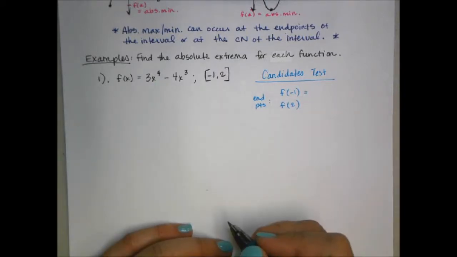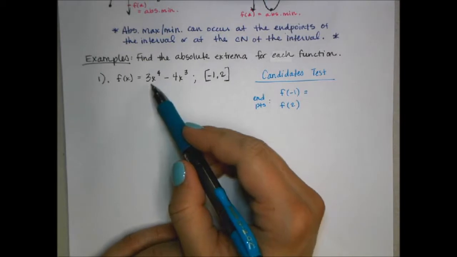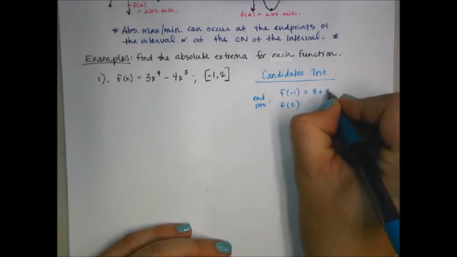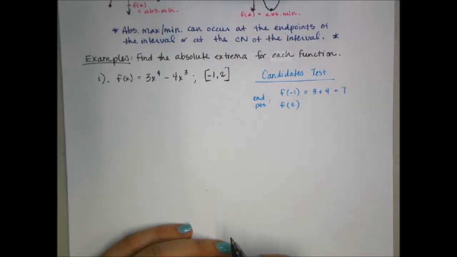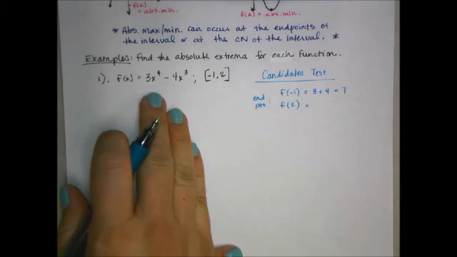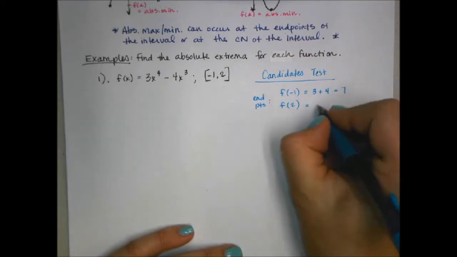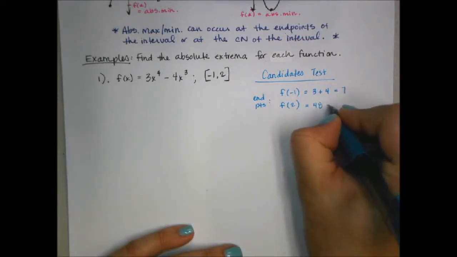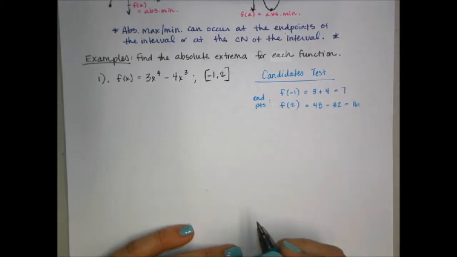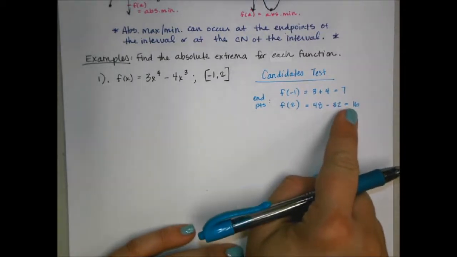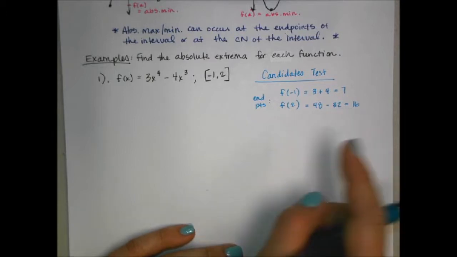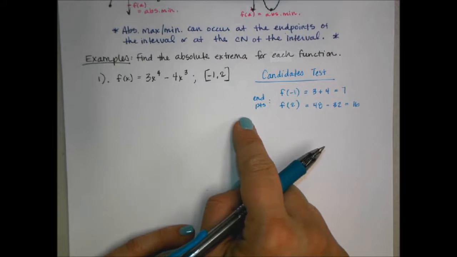So f of -1 is going to give us 3 plus 4, so I have 7. And f of 2 is going to give us 48 minus 32, which is 16. So far, 16 is my highest value, so it's possible this is our absolute maximum. But we'll have to compare it to the critical numbers of the function.